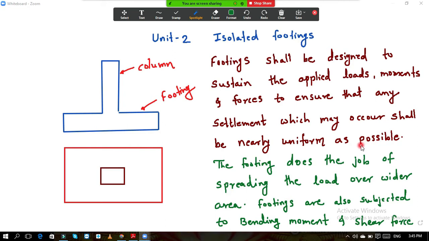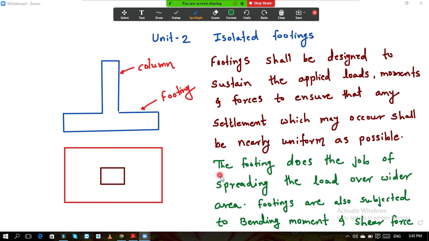As per its possible limit, the footing tries to keep the settlement uniform. If there is an uneven settlement, then the chances of failure of the structural members become higher. So footing tries to maintain the settlement uniform as long as it is possible.